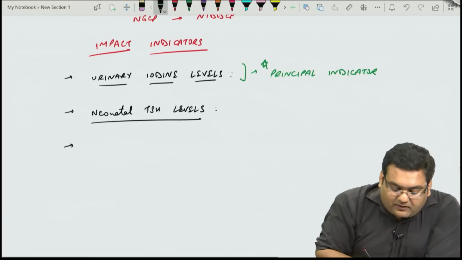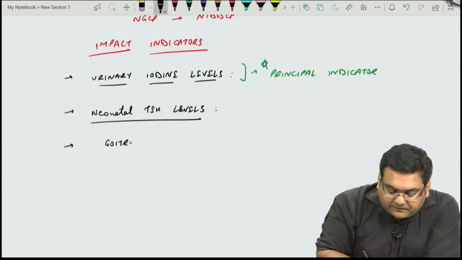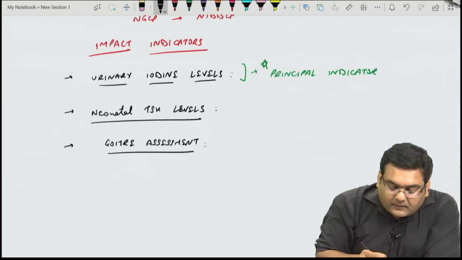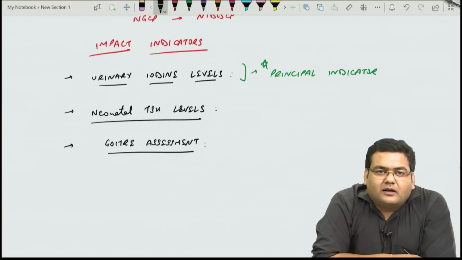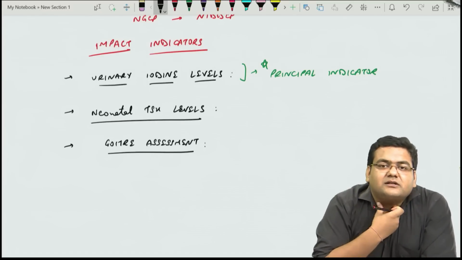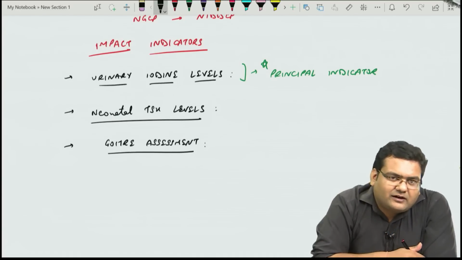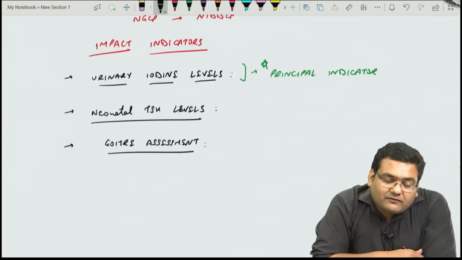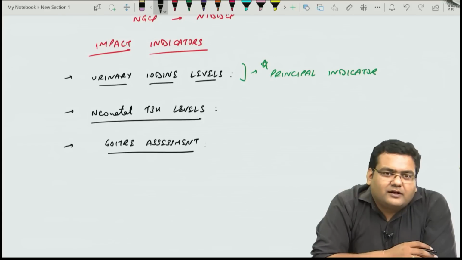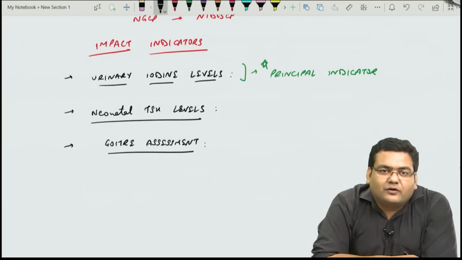Third important point is your goiter assessment, either by self-palpation or by ultrasound evaluation. The rate of goiter assessment as to enlargement of the thyroid gland, whether it is depleting or not, is assessed, and it forms a basic component of various goiter surveys which are conducted in India to find the prevalence of goiter.